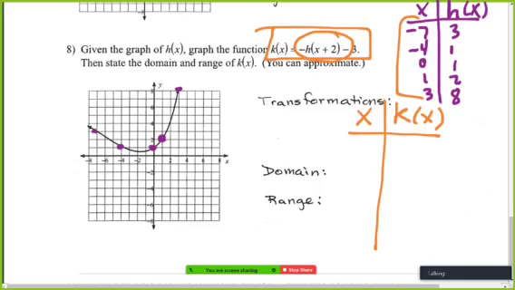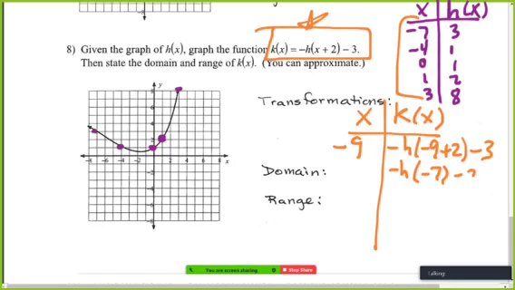So what do I mean by that? Well, I'm going to first plug in negative 9, because I know that if I plug that into k of x, remember right here, I get negative h of (negative 9 plus 2) and then minus 3. So that's equal to negative h of negative 7 minus 3.